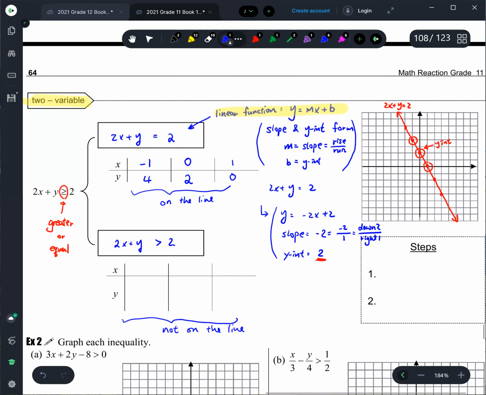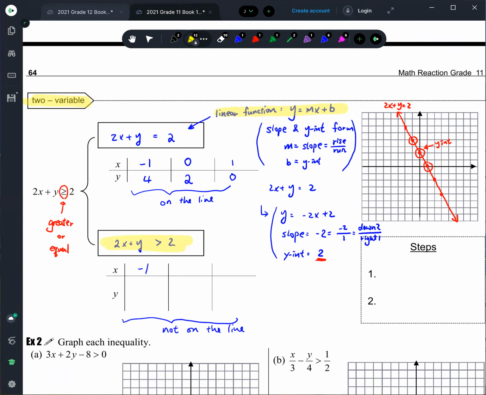Now let's use the same point. For example, if I have x equal to -1 now, we are focusing on the inequality, this yellow highlighted. If I plug in -1 into the x, I'll do it on the side: 2 times -1, I put -1 into the x, plus y has to be greater than 2.